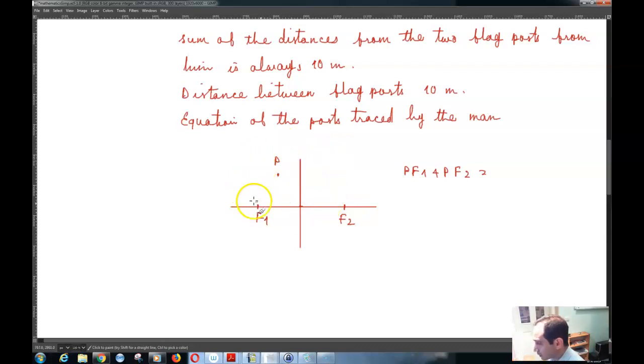And this is exactly the situation with an ellipse, basically. We already said about these ellipses that, for example, P1F1 plus P1F2 is always the same.